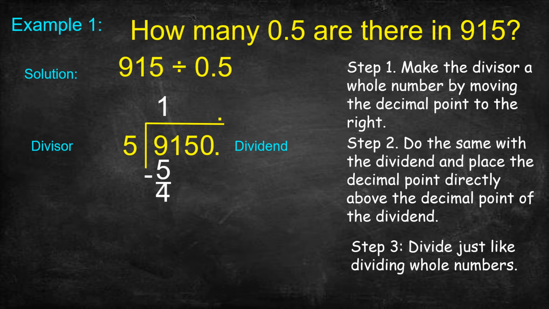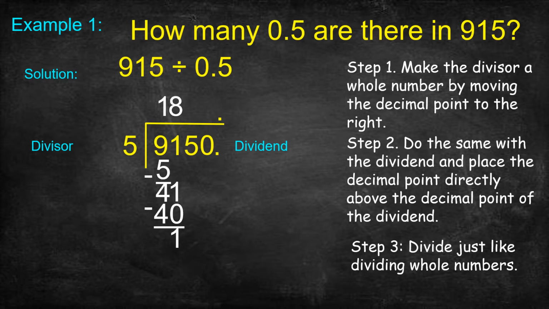And then we can bring down 1, yung susunod na number, which is 1. And then it will become 41. Ito naman ngayon yung ating i-divide. So 41 divided by 5, that is equal to 8. And 8 times 5 is equal to 40. So, subtract ulit natin sila. 41 minus 40, that is equal to 1.